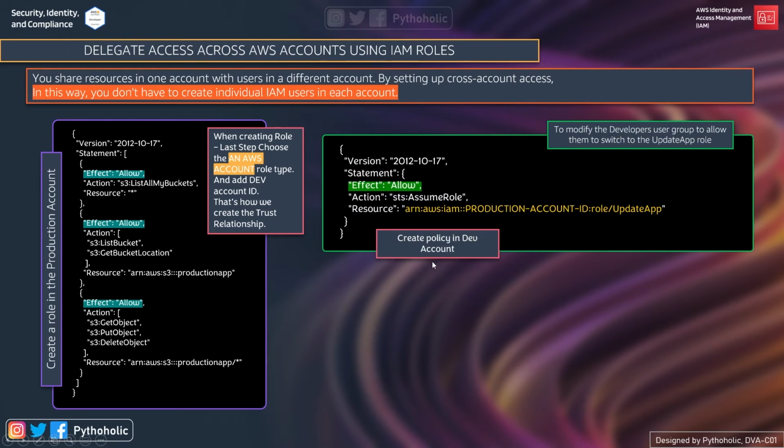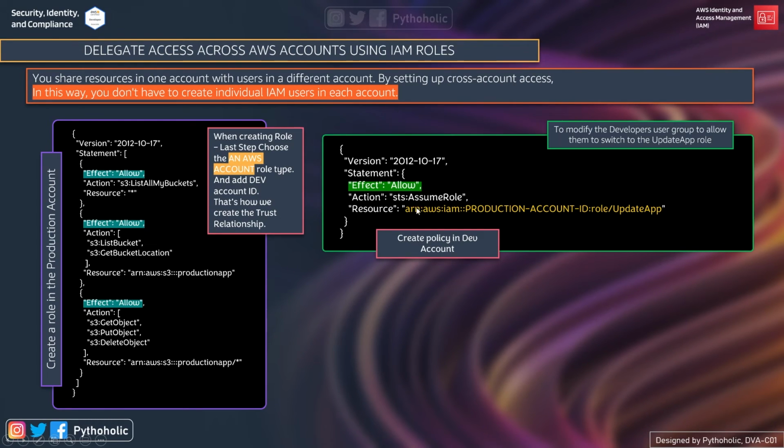And the next thing that we have to do is create a policy in the dev account, and that will be an assume role policy. This is used to modify the developer user group to allow them to switch to the update app role, which is created in prod. So this portion is for the dev account, and this policy states that the effect is allow and the action is STS assume role. So using STS, we are able to assume the role, and on what?